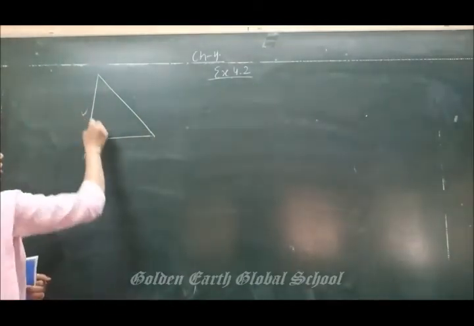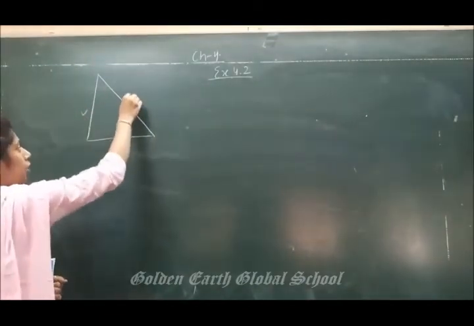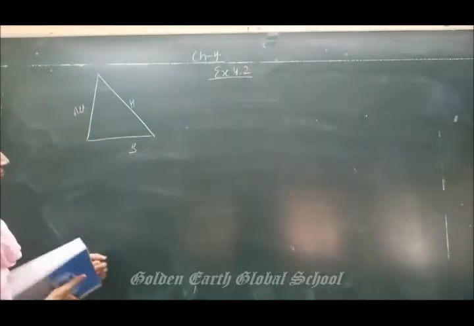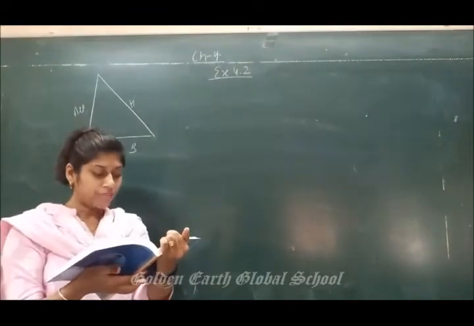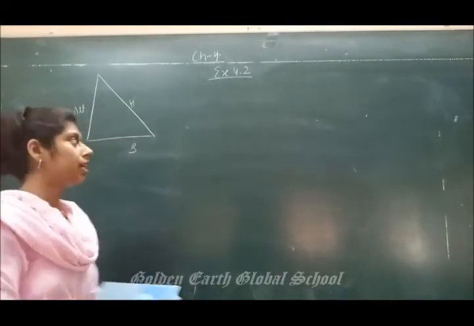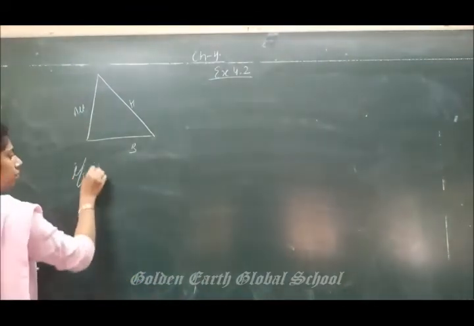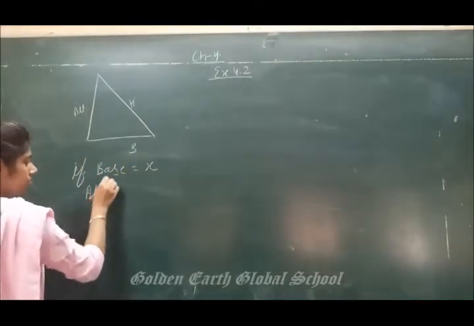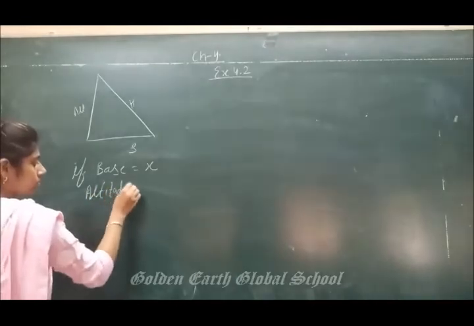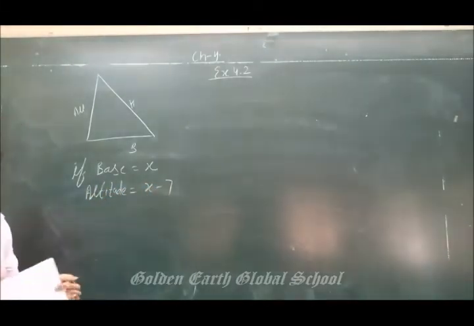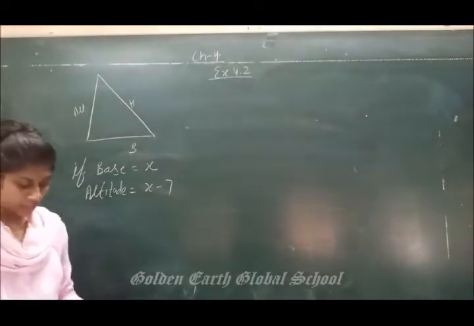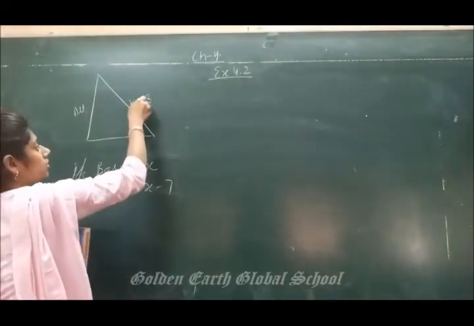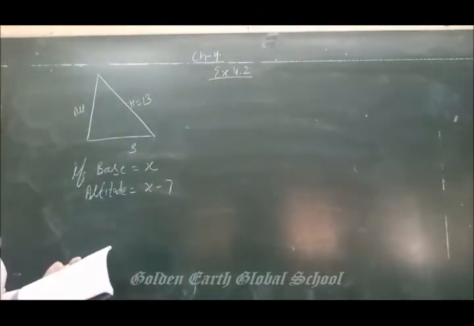This is the altitude, this is the base, and this is the hypotenuse. If the base is x, then the altitude, being 7 cm less than the base, will become x minus 7. The hypotenuse is given as 13. Find the other two sides.